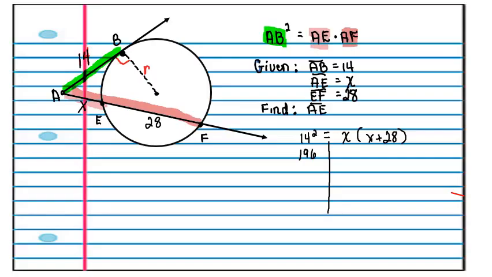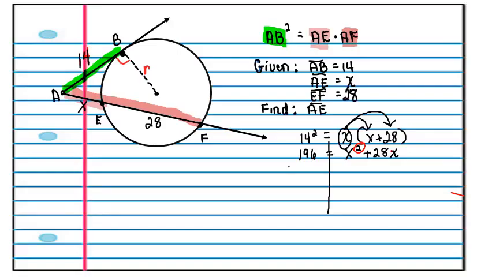Good to know your squares, your perfect squares, up to 15 at least. Equals, going to distribute. Circle what you're distributing, arrows to follow. x squared plus the 28. All right, again, we have something quadratic, power 2. Oops, I forgot my x with my 28. Thank you for seeing that.